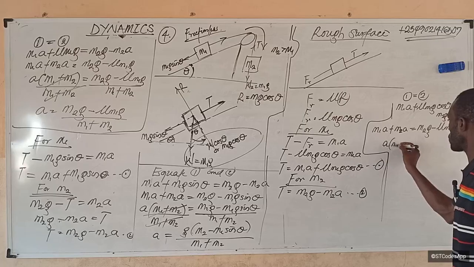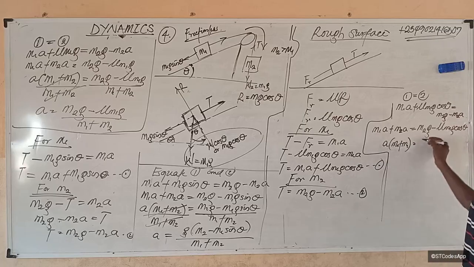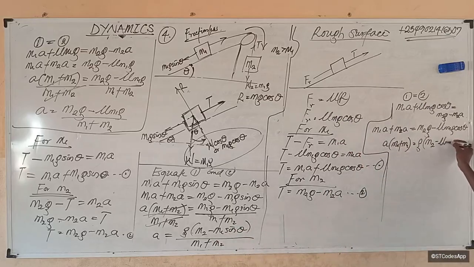So acceleration into bracket M1 plus M2 is equal to G, which is common, into M2 minus mu M1 cos theta.